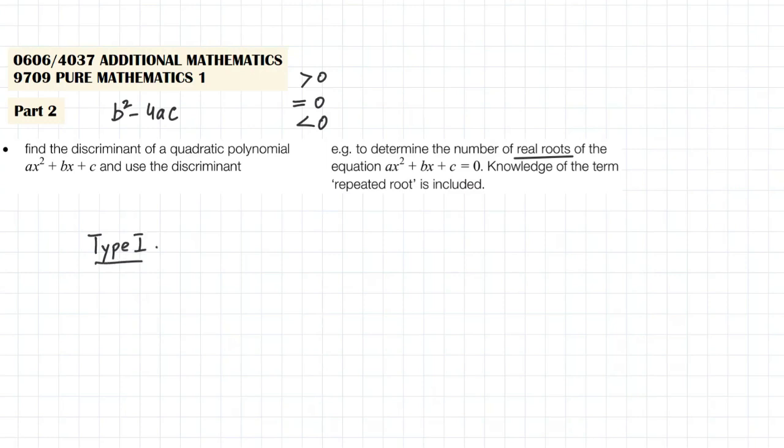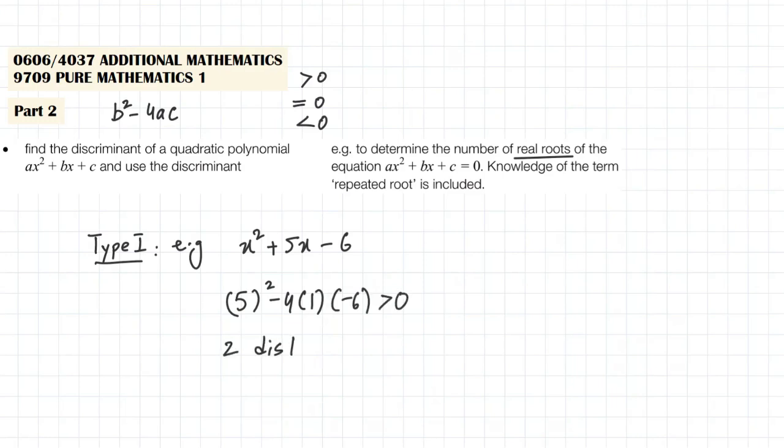If an equation is given, for example, x squared plus 5x minus 6, and I want you to find what kind of roots this equation has, you will find the discriminant b squared minus 4ac, and since this is a positive value, you will say it has two distinct roots. We also discussed how the shape of the parabola looks. In this case, your graph will intersect the x-axis at two distinct points.